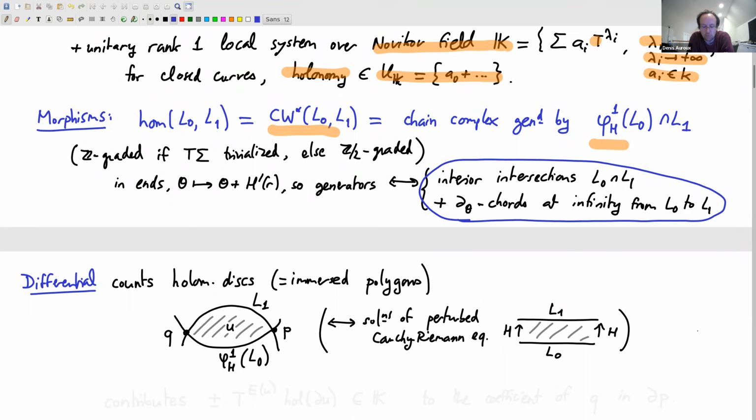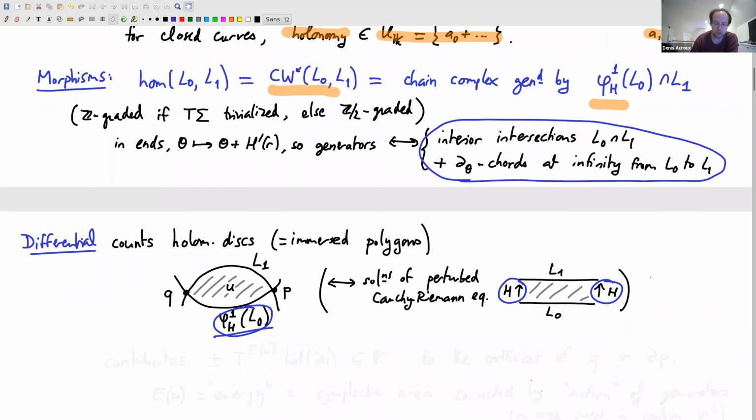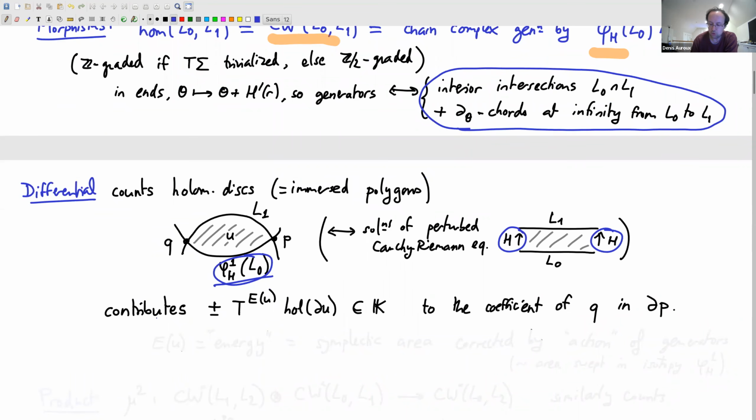It counts holomorphic disks with boundary on a pair of Lagrangians, in our case after perturbing either the boundary condition, namely we push L0 by the Hamiltonian, or the holomorphic curve equation by the flow of our Hamiltonian H. You should imagine that when we look at L0 and L1 pushed into correct position by the flow of H, there are pairs of intersections that look like they should be able to cancel out. Whenever we see such a disk, we say that it contributes to the coefficient of Q in the boundary of P.